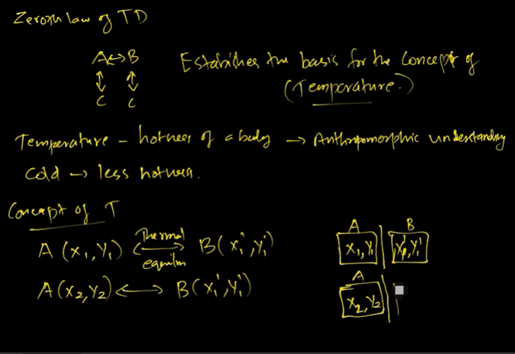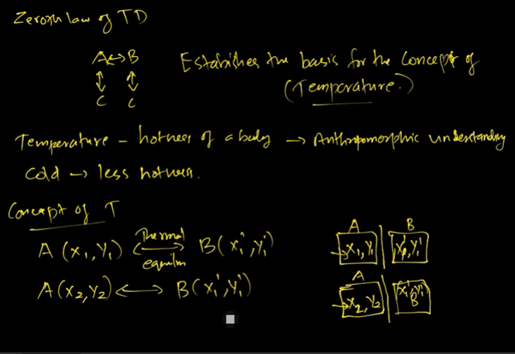Now if you consider the system B, which is in the same state x1 prime, y1 prime, then the state of system A characterized by x2, y2 is in thermal equilibrium with the state x1 prime, y1 prime of the system B. Then the state x1, y1 of A will be in thermal equilibrium with another state of the same system characterized by the coordinates x2 and y2.